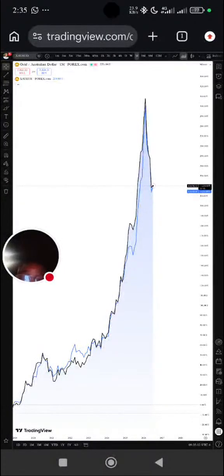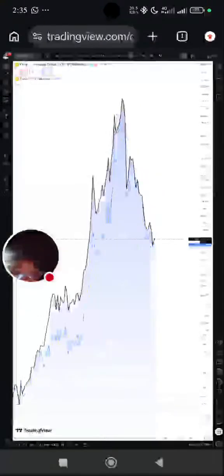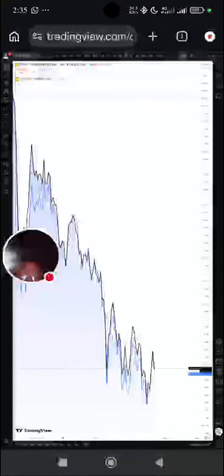You are good to go. You can take the trade as many times as you want, and you are confident that you're going to close, right? So no fear if you have a good account.